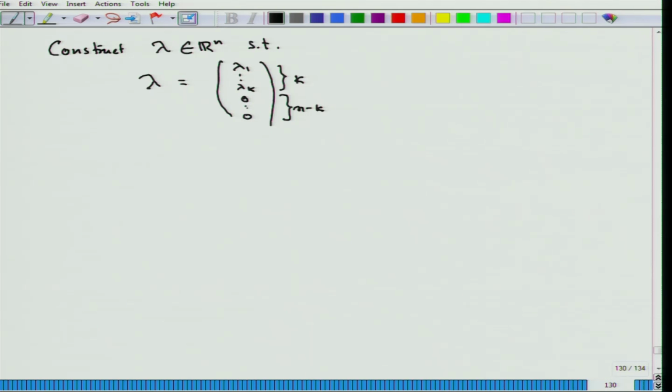Now, I will construct from the given vector x two more vectors x1 and x2. So, I will take an alpha.